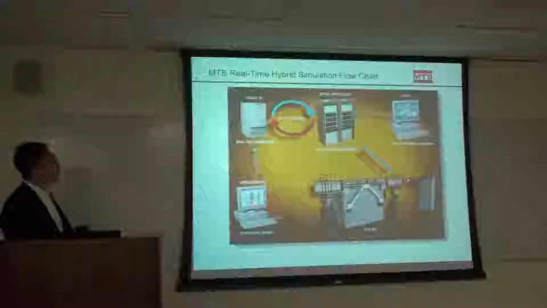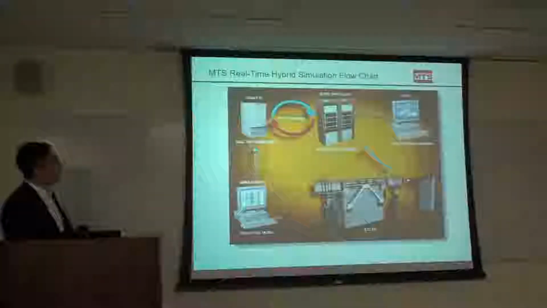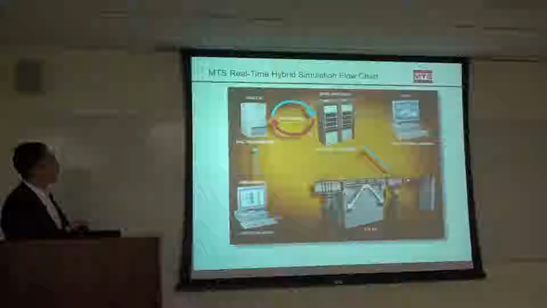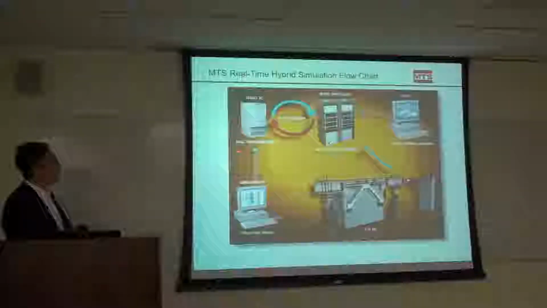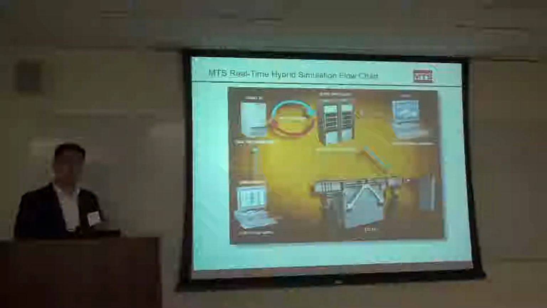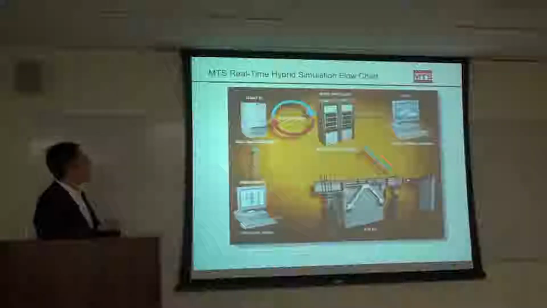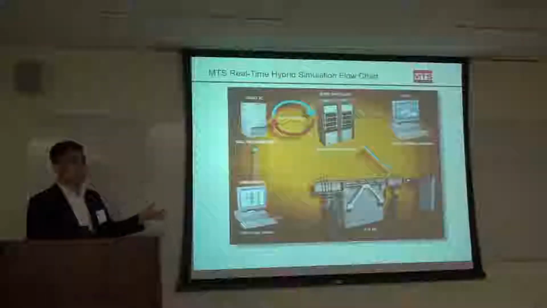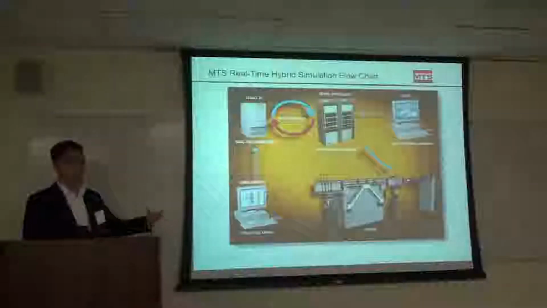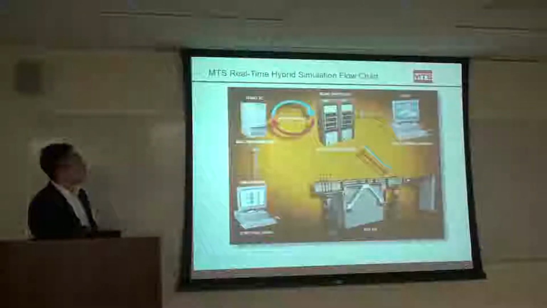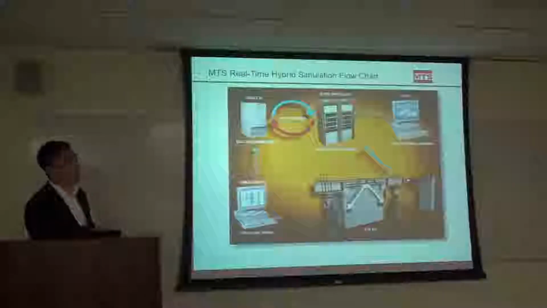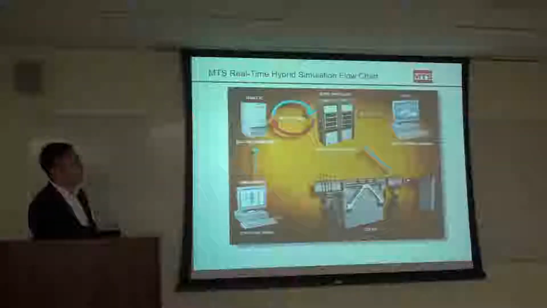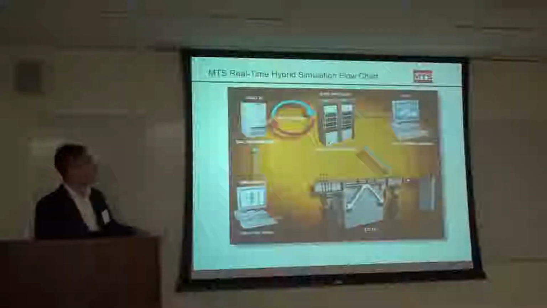So this is just a flow chart you have already seen before, I guess. This real-time target PC, which you also saw in the demo room yesterday, is where we can program some algorithm to make your numerical analysis execute in real time. And then, of course, we need to have our MTS servo controller, which does all the inner loop servo-hydraulic actuation control.